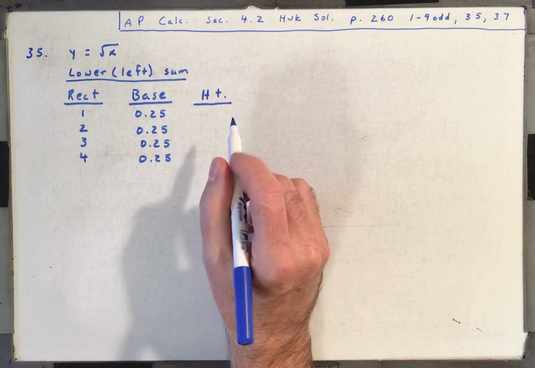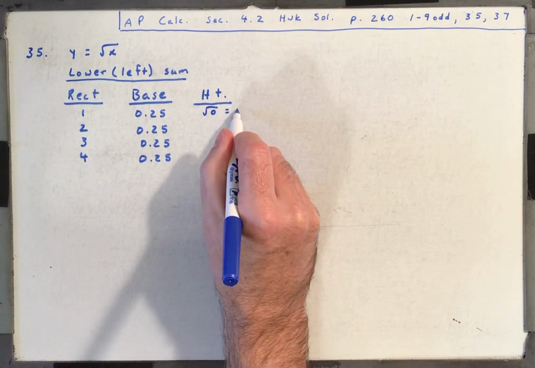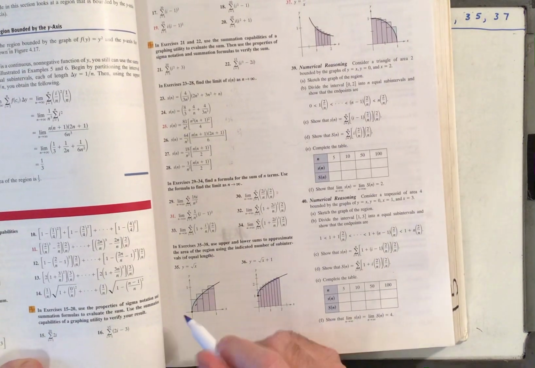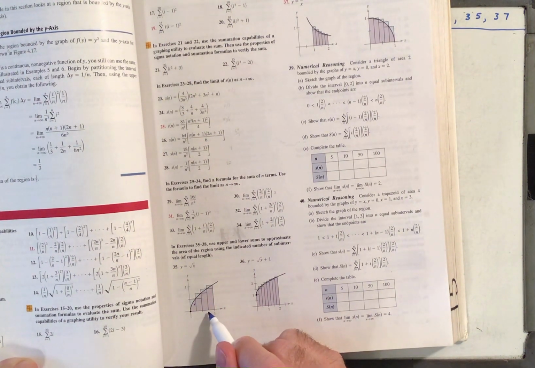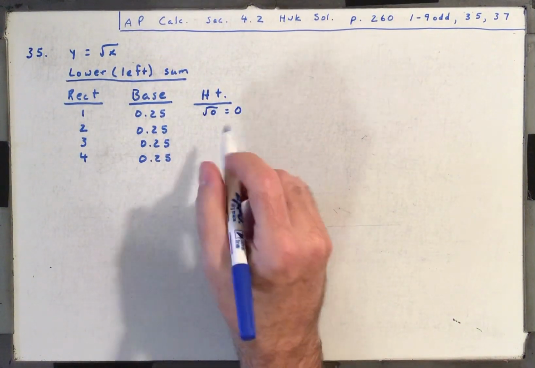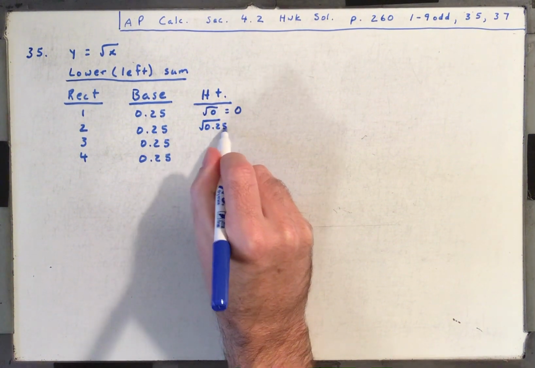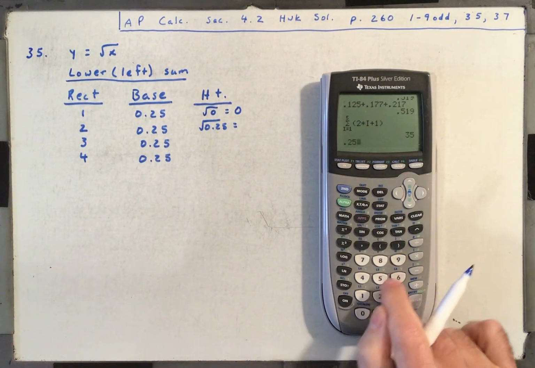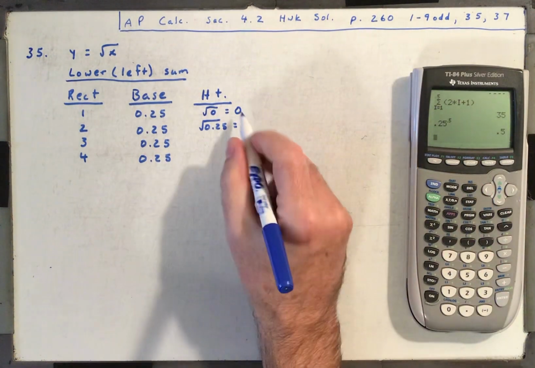Our first one would be the square root of 0, because the x value on the far left side is 0. So 0, 0.25, 0.5, 0.75 for those 4 rectangles. Remember, we're using the left side. So this would be our second rectangle, 0.25. All right, and the square root of 0.25 is 0.5.